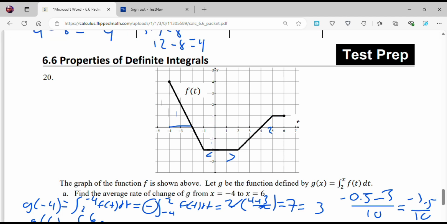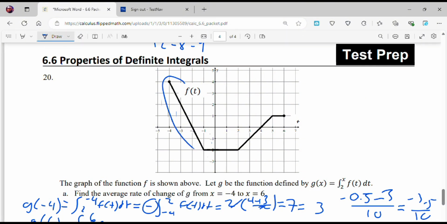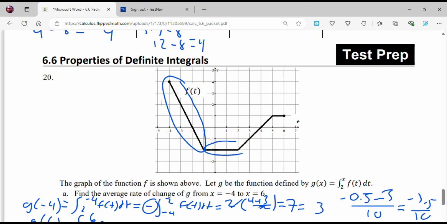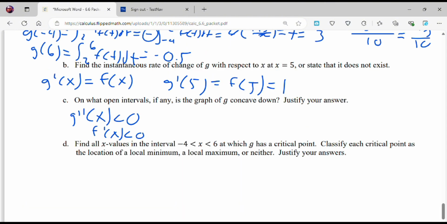Let's look at the slope of the graph. So we have negative right here, 0, positive, 0. So we have negative from -4 to -1. And so -4 to -1, because g double prime of x is less than 0.